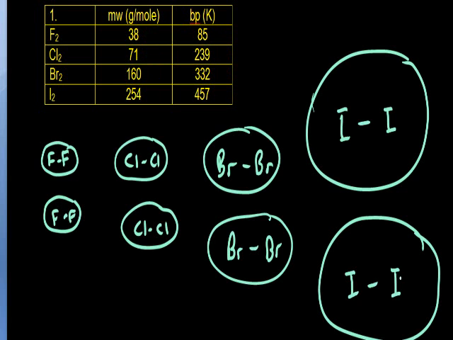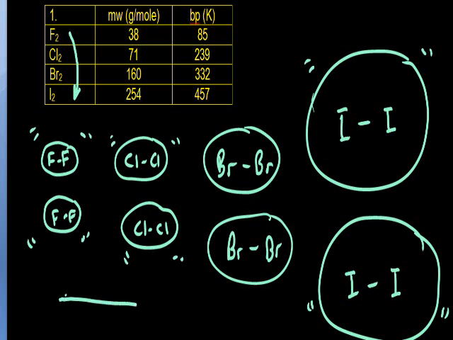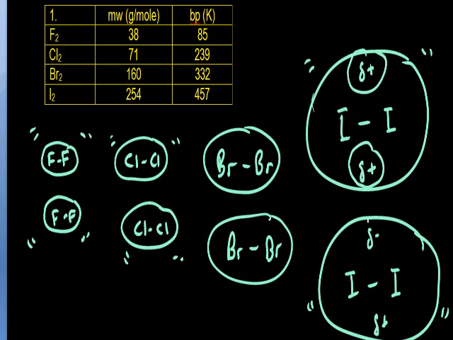compounds. As we move down the family on the periodic table, the size of our atoms is increasing, so the size of the diatomic molecules is also increasing. With an increase in the size of the electron cloud as we go from fluorine to chlorine to bromine to iodine, the size of the temporary charges that get generated also increases.